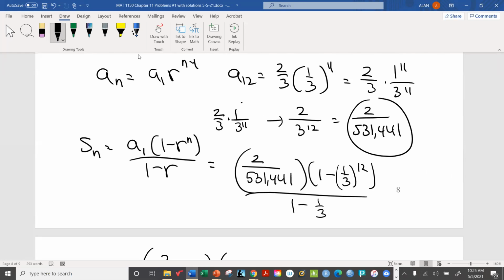We multiply 2 by 1, and when you multiply the 3, there's an implicit exponent of 1. So 3 to the 1st times 3 to the 11th is 3 to the 12th, and then we calculate this value of 3 to the 12th. So there's no adding, because first of all, you're multiplying, and secondly, the 1/3 is raised to an exponent, while 2/3 is not.